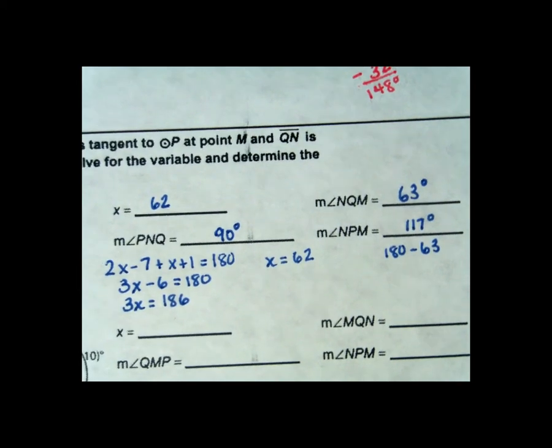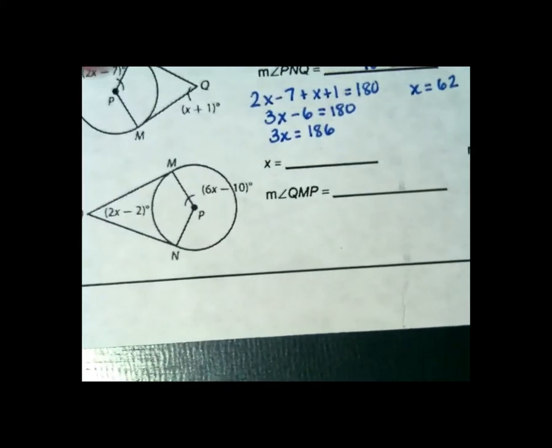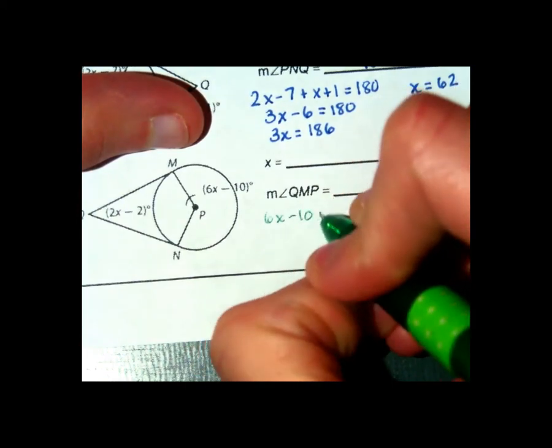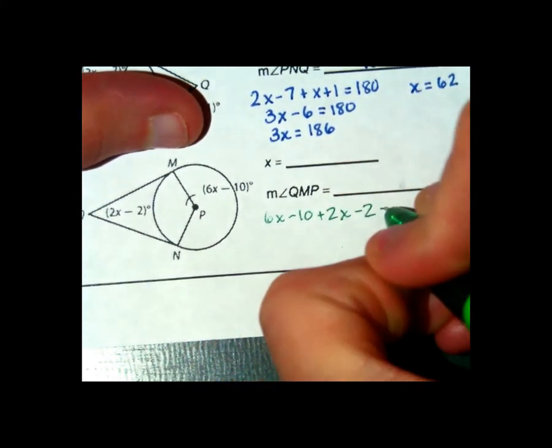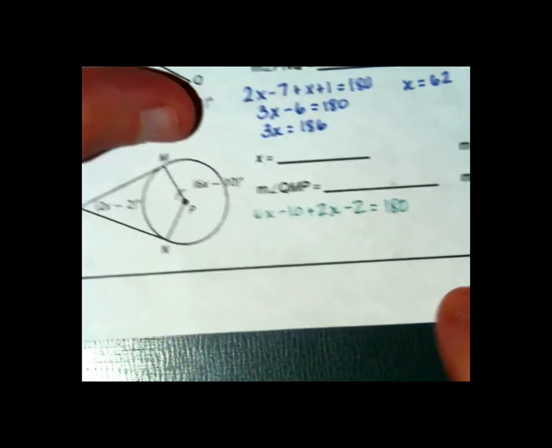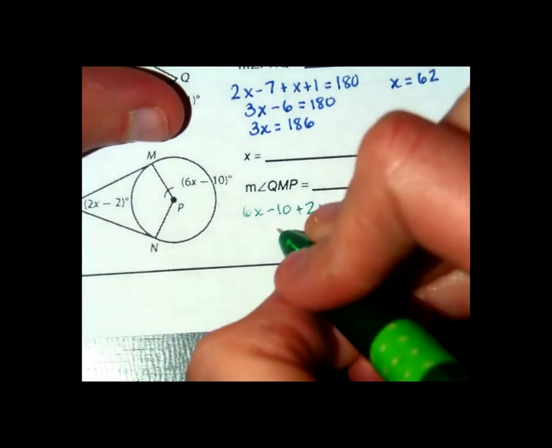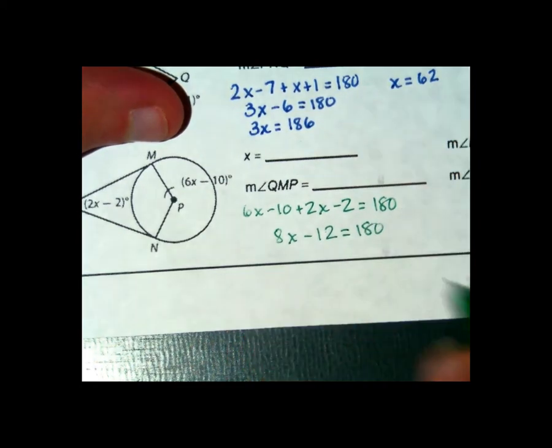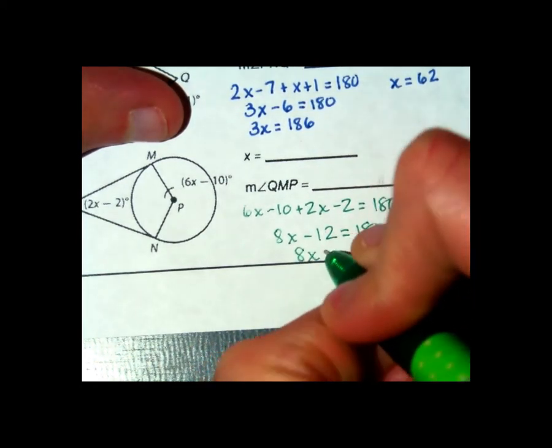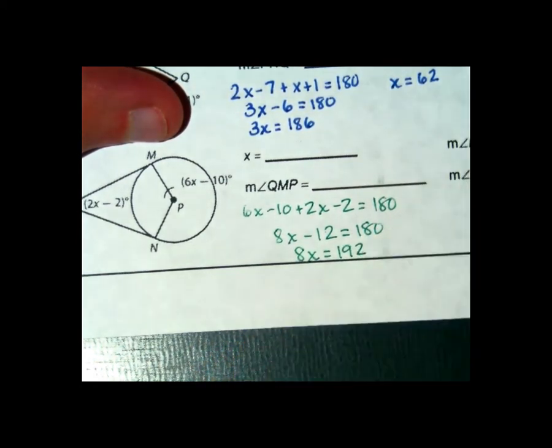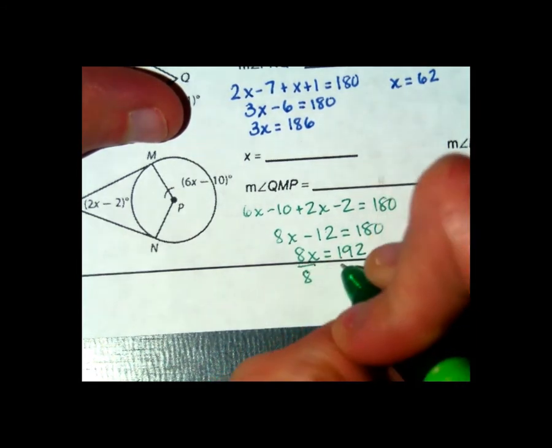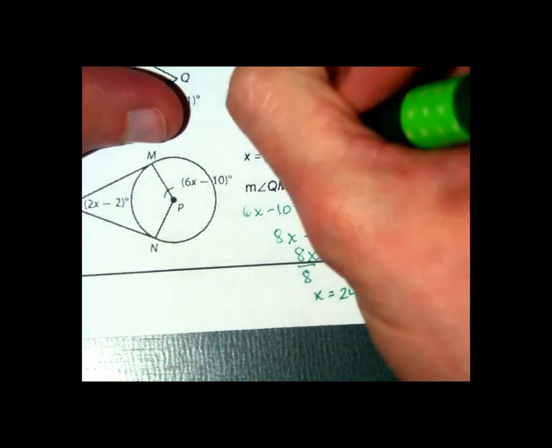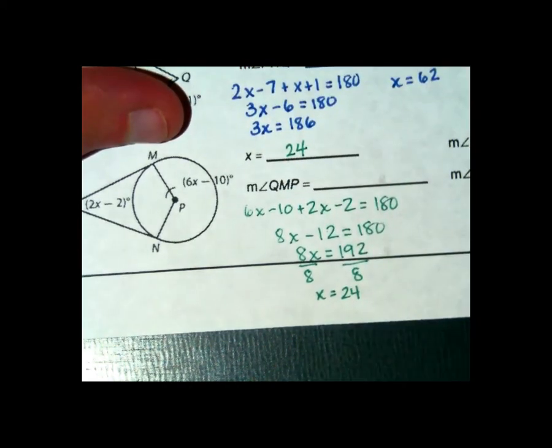Okay. What did you guys set up on number 10? Plus 2x minus 2 equals 180. Okay. 8x minus 12 equals 180. 8x equals 192. Divide by 8 and x is 24. Alright, then you plug back in.